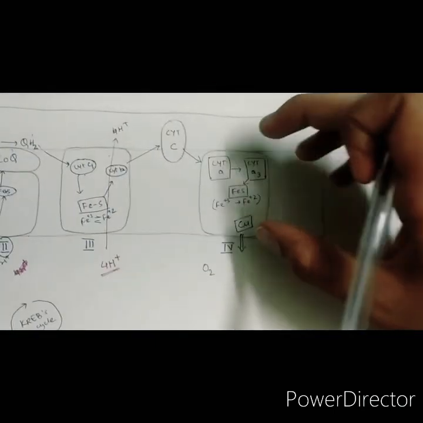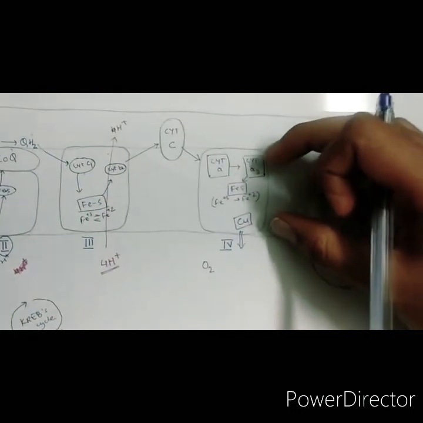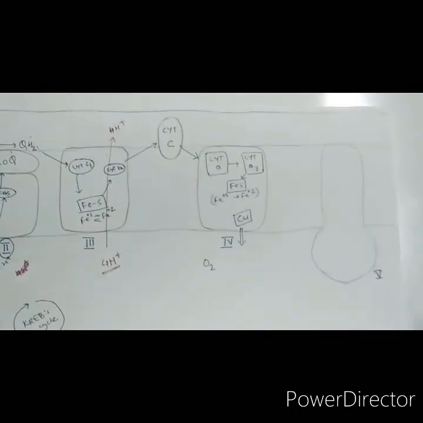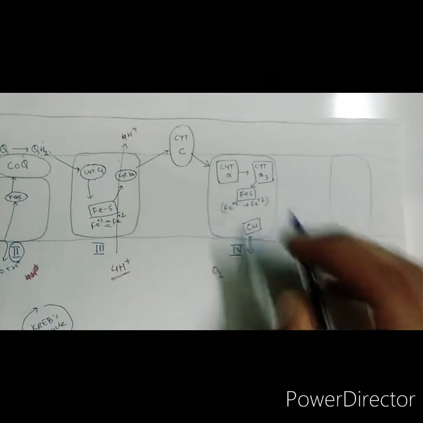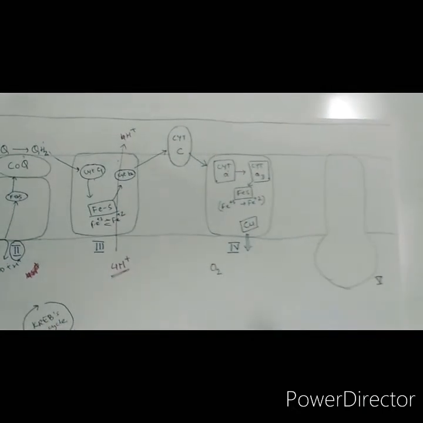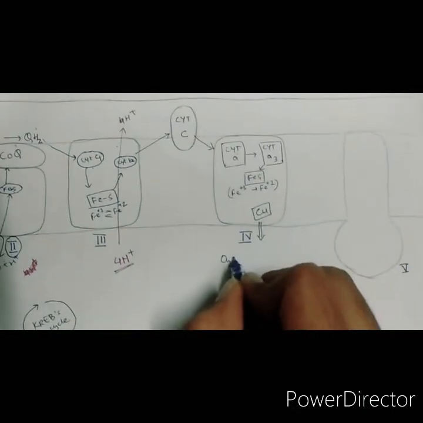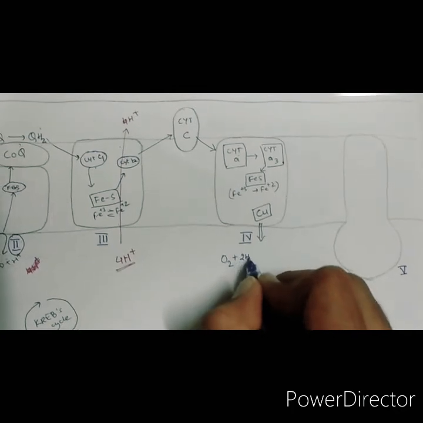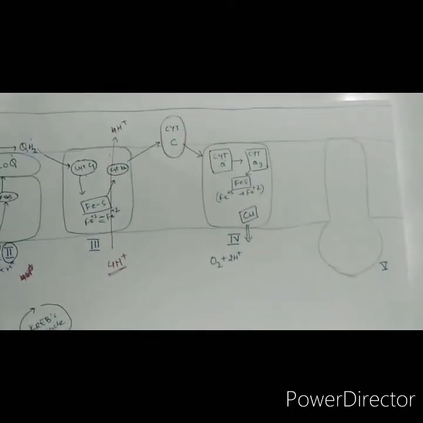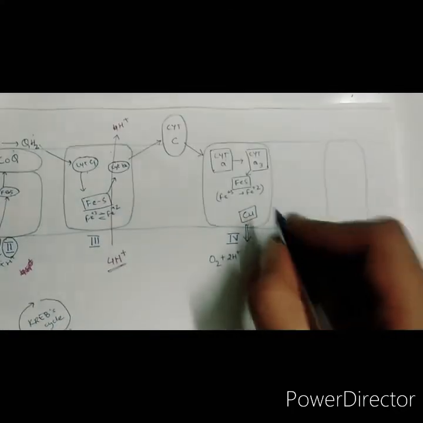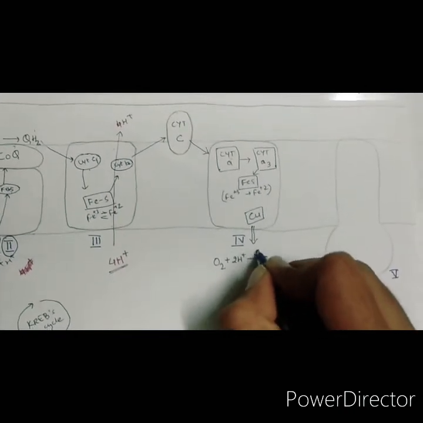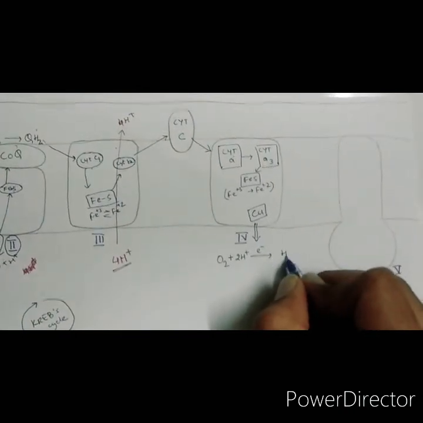Oxygen utilizes 2 hydrogen ions already present in the mitochondrial matrix, and along with the electrons, it gets reduced to water.